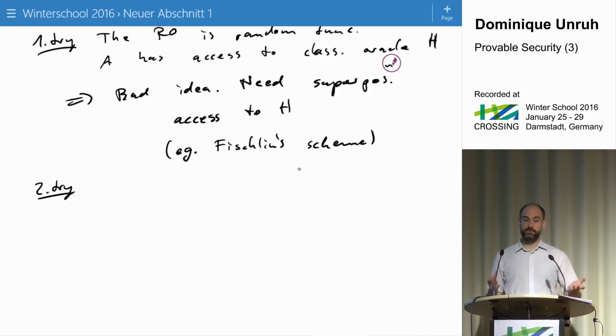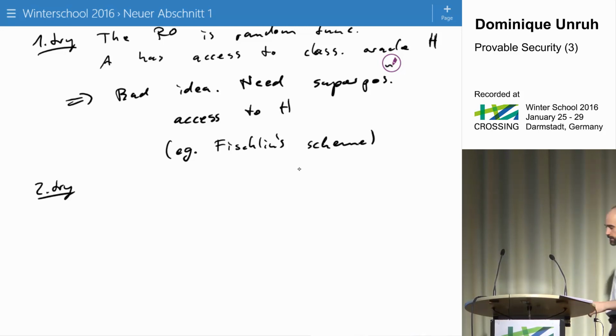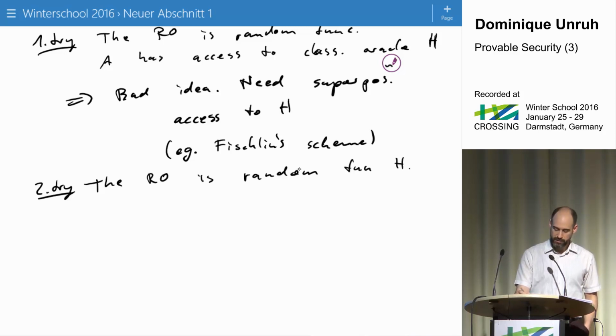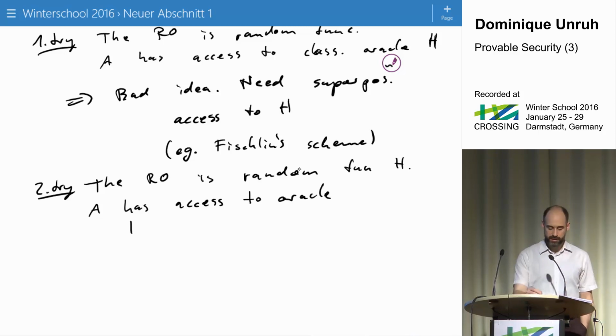So let me do the second try then. And that one should be pretty obvious, given what I said here, that we need superposition access. The random oracle is still a random function h, but A has access to an oracle that computes the following unitary.